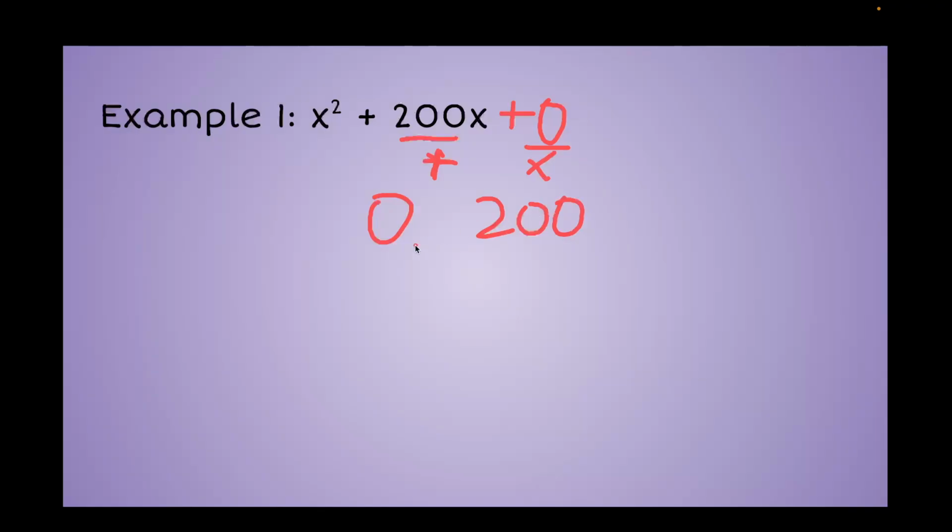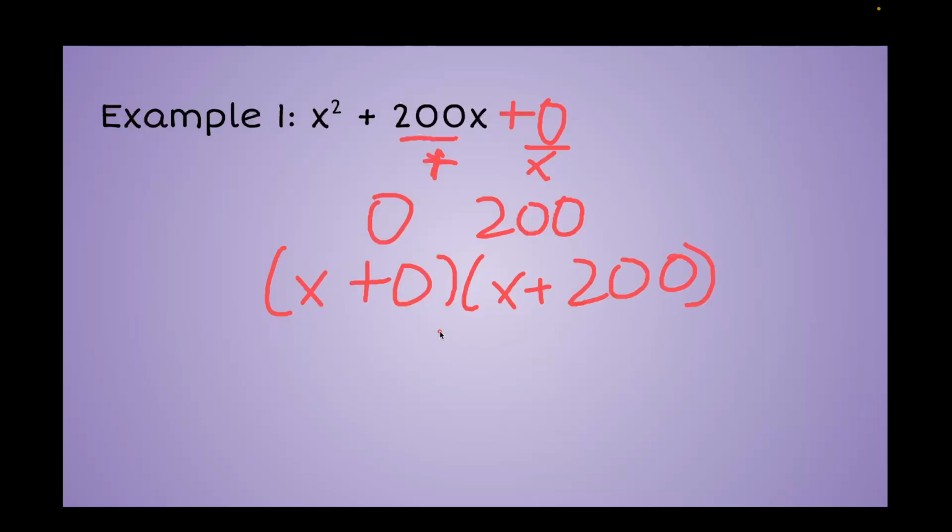So 200. So those are our two numbers. But this thing over here, this is really just x. X plus 0 is x. So we actually like to write an answer like this.